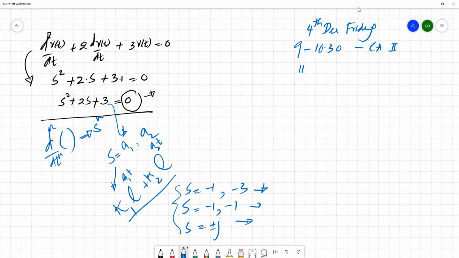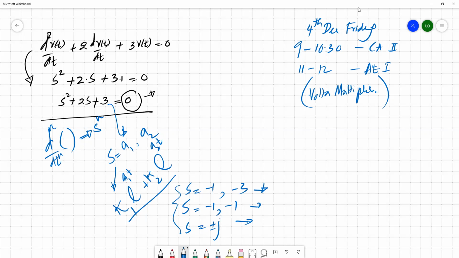Nothing else. So then we'll have 11 to 12 for analog electronics 1. Analog electronics 1 basically covers up to voltage multipliers.